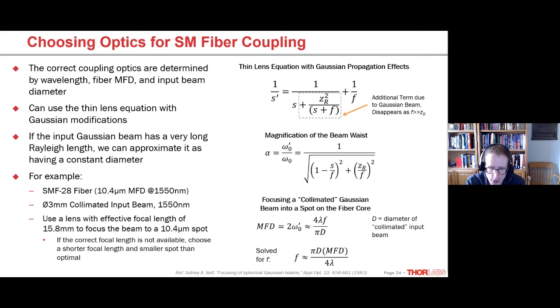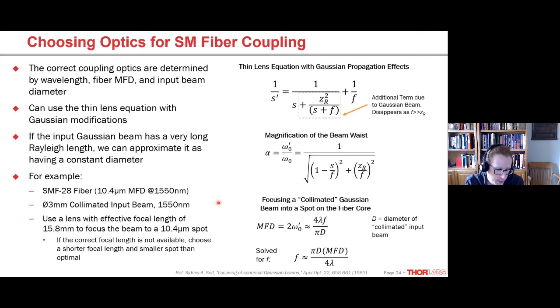So the mode field diameter is just very small relative to the wavelength of light. I think in the last talk we talked about the core diameter of the fiber being only a few wavelengths wide. The mode field diameter, same thing. For SMF28, 10.4 micron mode field diameter, 1.5 micron light. So these are pretty close. This is 1.5 microns, this is 10.4.